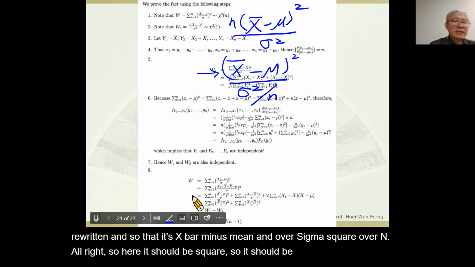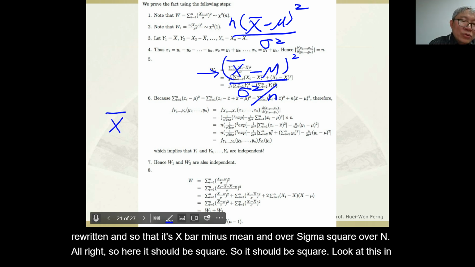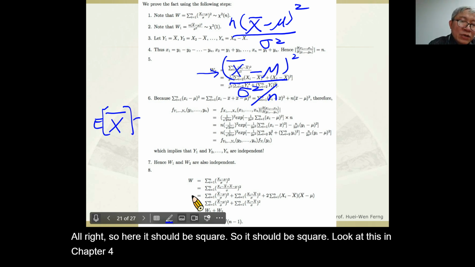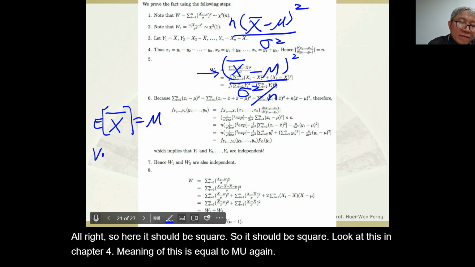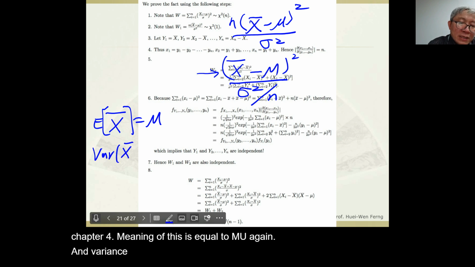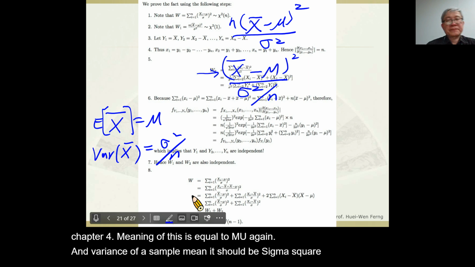Look at this. In chapter 4, the mean of this is equal to mu again, and the variance of the sample mean should be sigma squared over n.